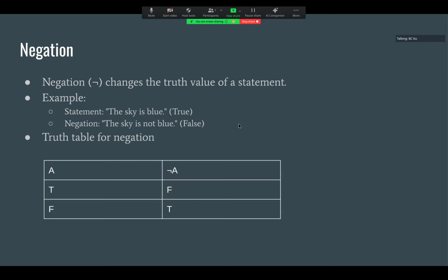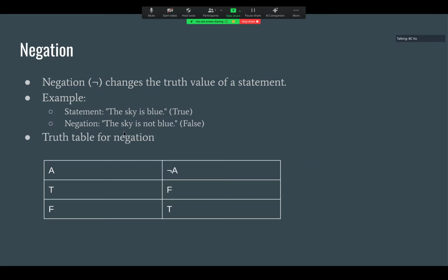Negation. We looked at negation. Negation is a fundamental concept in logic that changes the truth value of a statement. If a statement is true, its negation is false. To give some more examples, if the statement the sky is blue is true, then the negation, the sky is not blue, is false.